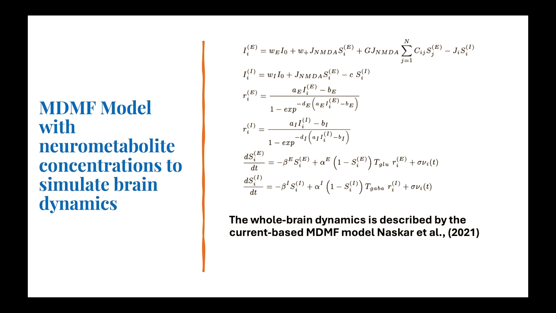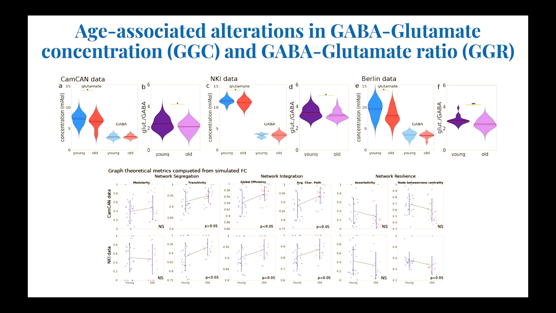And this whole brain dynamical model can produce what we observed previously in the experimental data, that is the network segregation effects, network integration effects, and also the network resilience effects, by appropriately tuning the concentration of the GABA and glutamate parameters, and showing that there is a difference between the glutamate values of the younger and the older individuals.